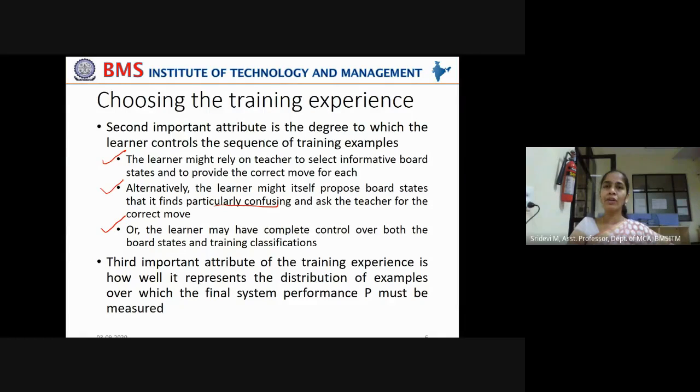It is not taking the opinion of any teacher or any champion or any human opponent. It is trying to play the games against itself repeatedly and beat itself repeatedly and gain from that experience. In this case, the learner may have complete control over both the board states and the training classifications.